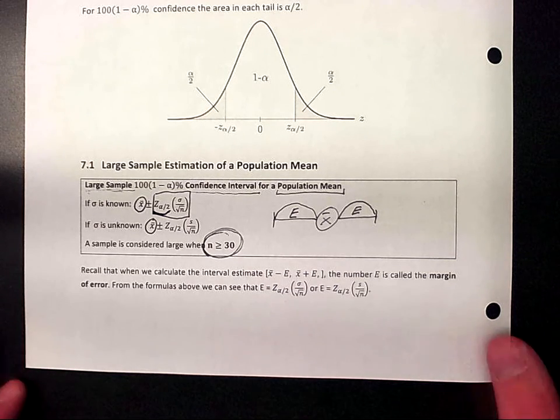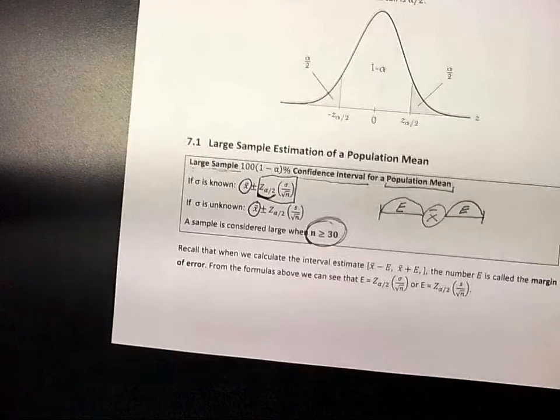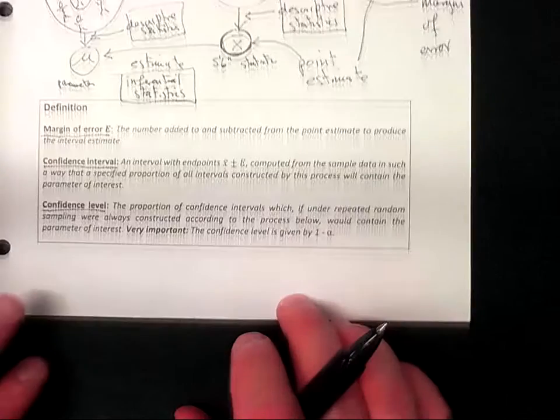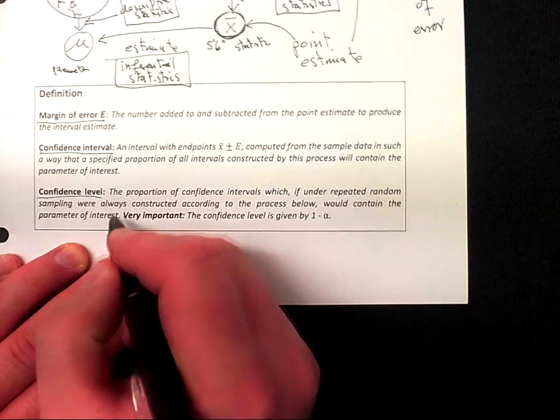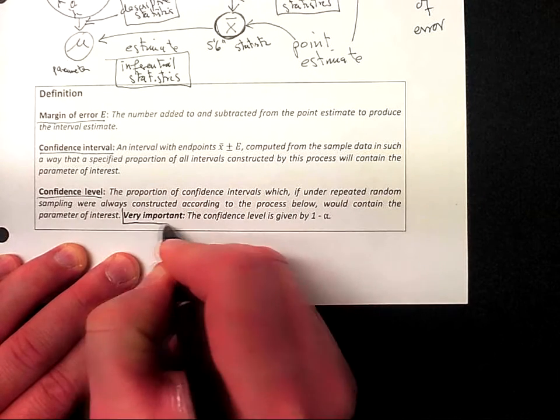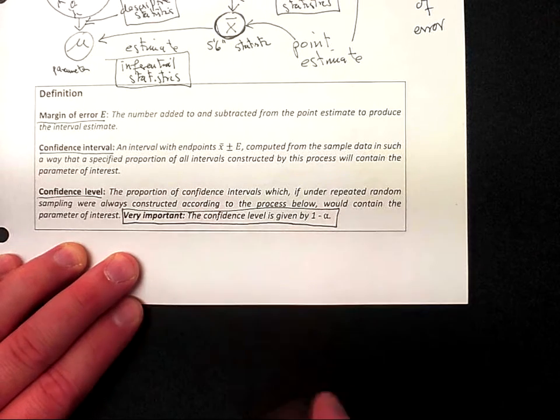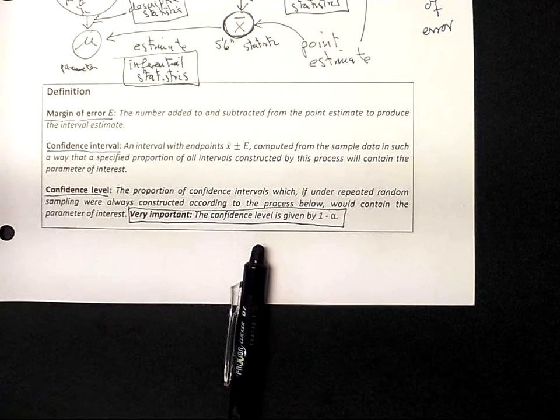All right. Yesterday, I very briefly mentioned, but I definitely want to point out again today, this last sentence right here, where it says it's very important that we remember that our confidence level is given by 1 minus alpha.